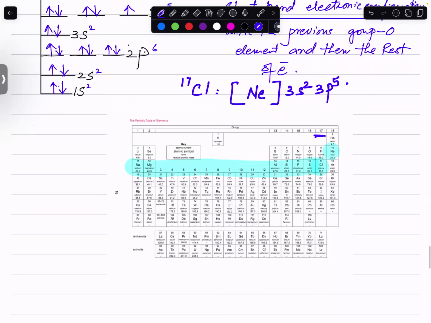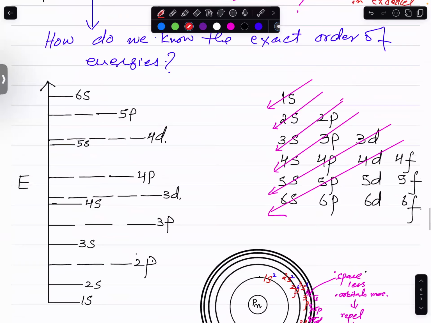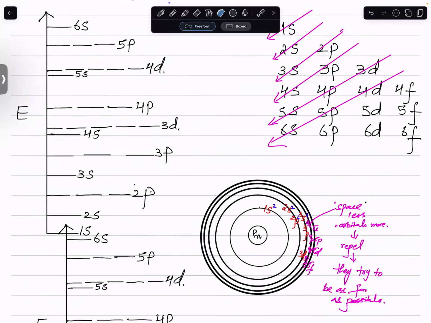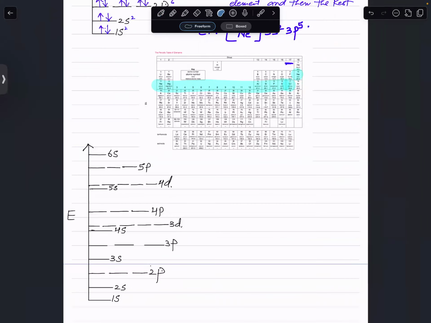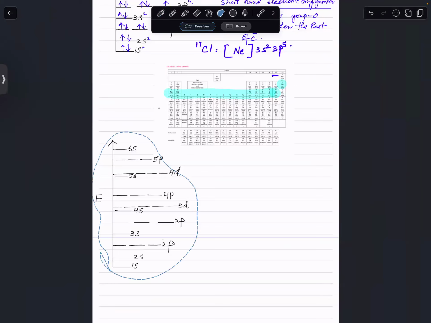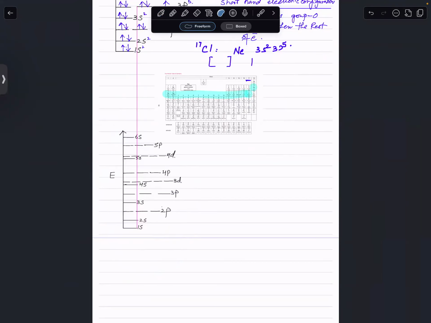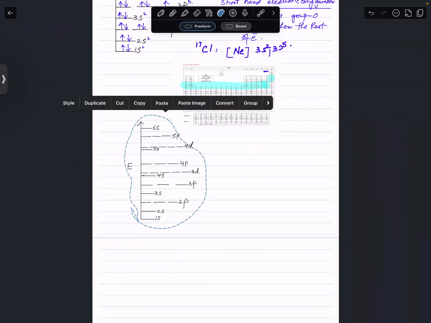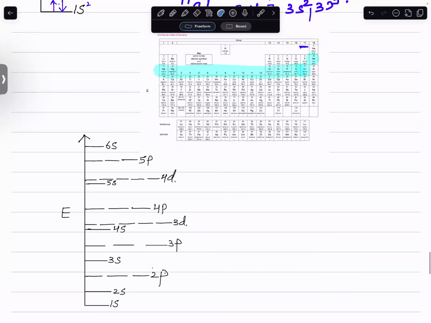Now, another element. Suppose we do the configuration of argon.